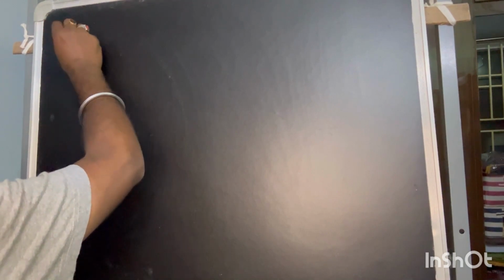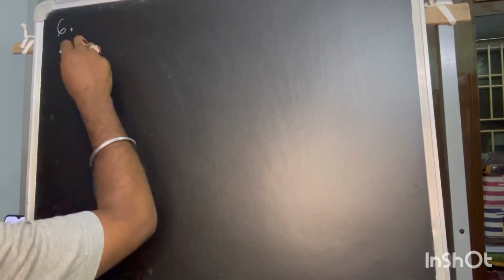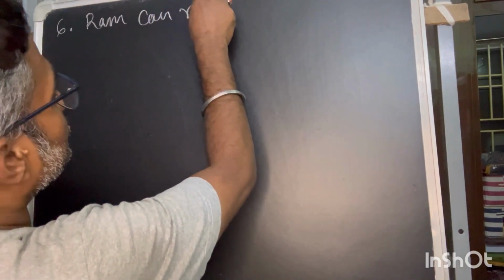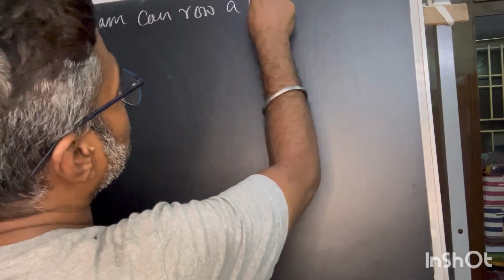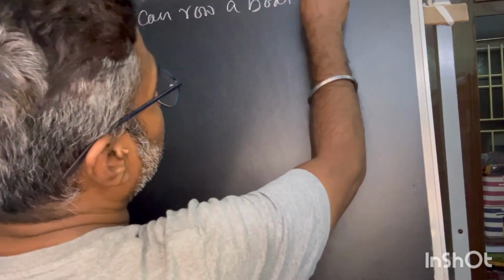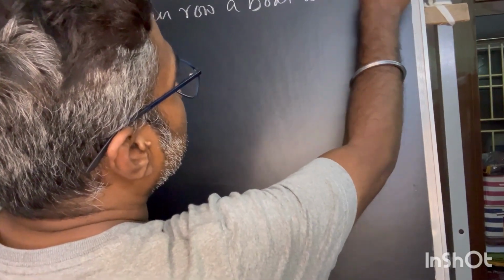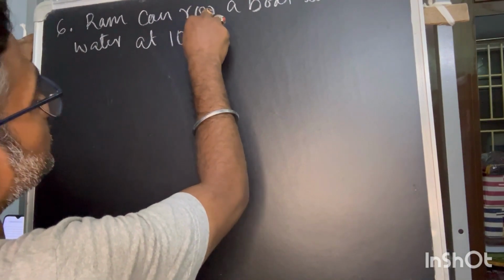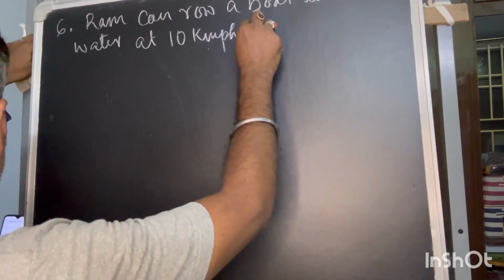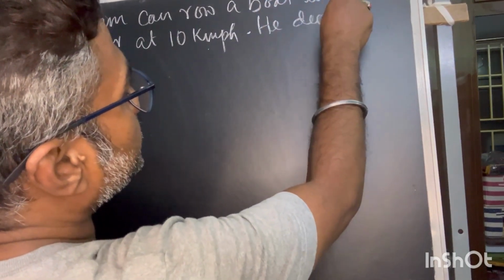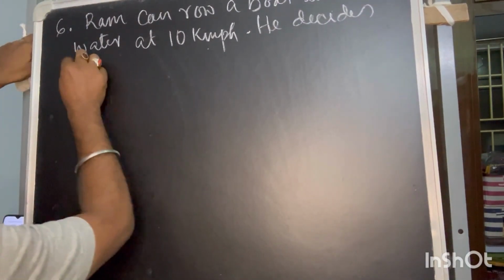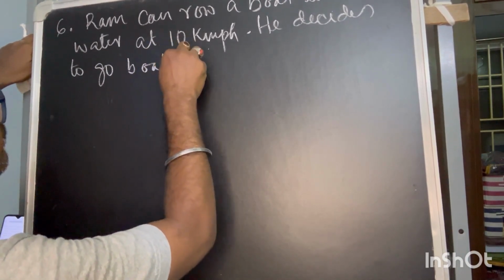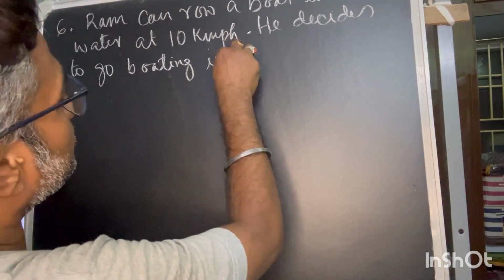So, problem number 6. Problem number 6 is: Ram can row a boat in still water at 10 kmph, kilometer per hour. He decides to go boating in a river.